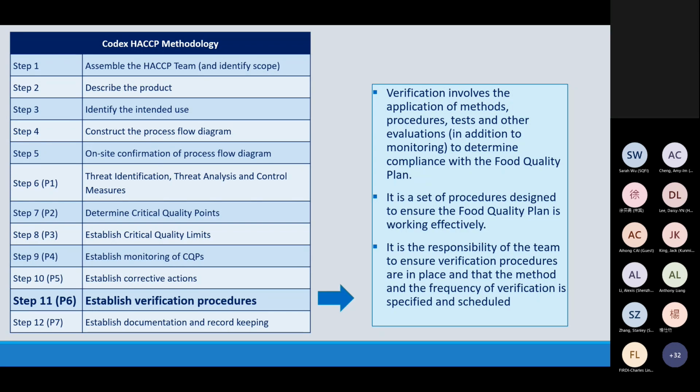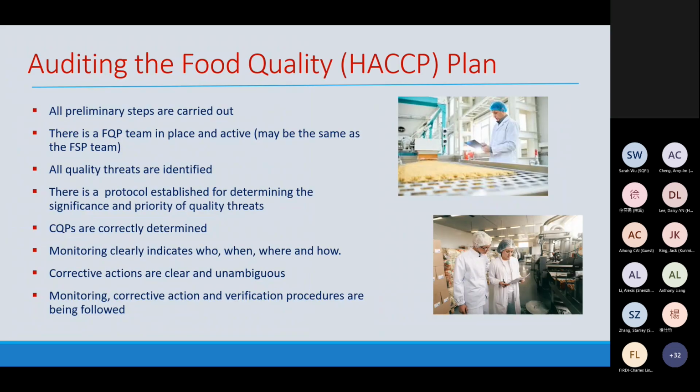It's a set of procedures designed to ensure the food quality plan is working, and it's the responsibility of the team to ensure that verification procedures are in place and the method and the frequency of verification is specified and scheduled. So for those of you who are auditors, this is our expectation, SQF's expectation in auditing the food quality plan in edition 9, and by the way, it hasn't changed from edition 8.